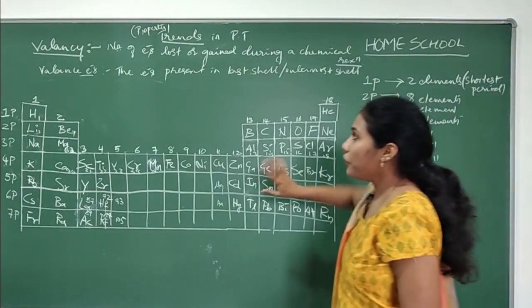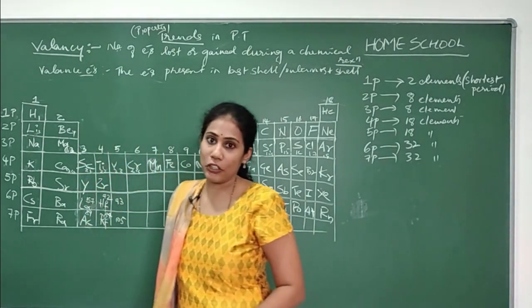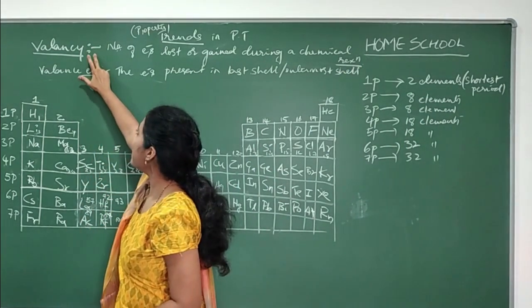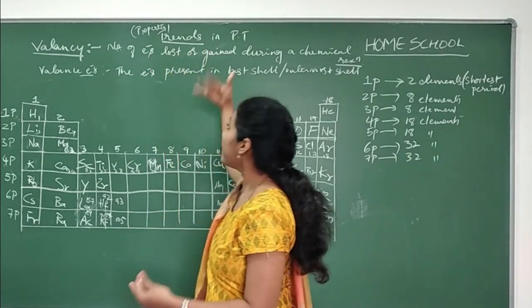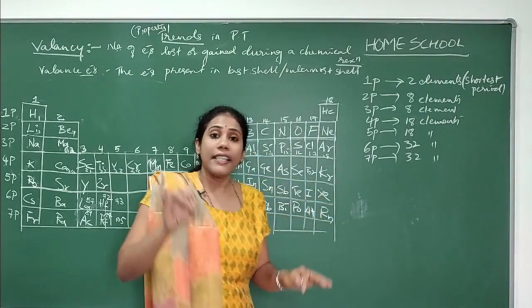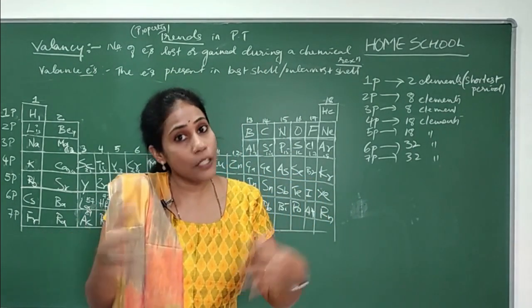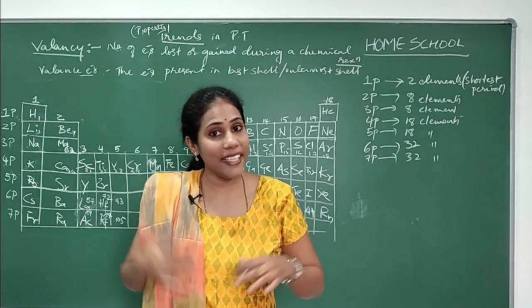There is a lot of difference between valency and valence electrons. Valency means the number of electrons lost or gained during a chemical reaction. I already told you some elements always lose electrons and some elements always gain electrons.